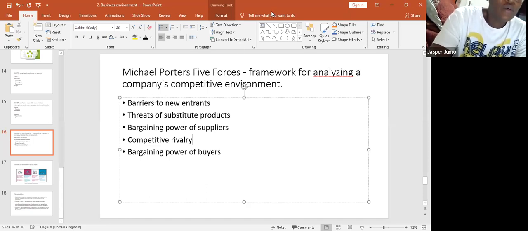Do you have any questions on the scanning tools, on the environment, VUCA, anything, anyone? Any questions, anyone? Before we close, if I were to give you a scenario, would you be able to identify which scanning tool you use?